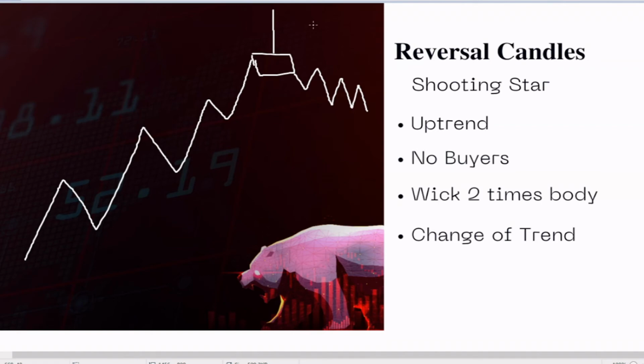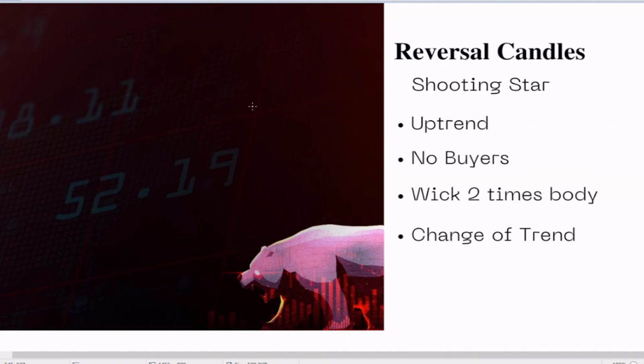Now I want to give you some story behind this particular candle. Why does this happen? Let's assume there is a person called X, as we always talk about. He is selling a certain product in the market. There is a lot of demand, right? So what does he do when there is a demand? He starts increasing his price, right? And he figures out that as he is increasing his prices, people are still tending to buy his product. Now this is because there is a demand, right?